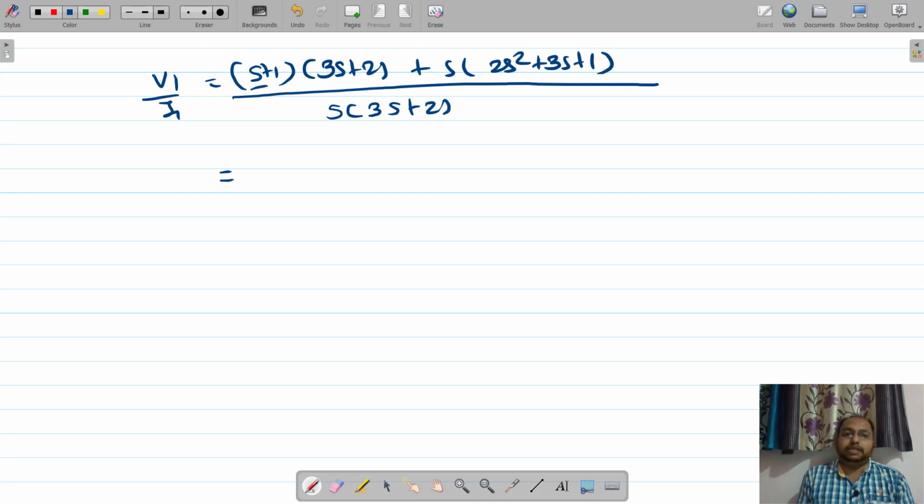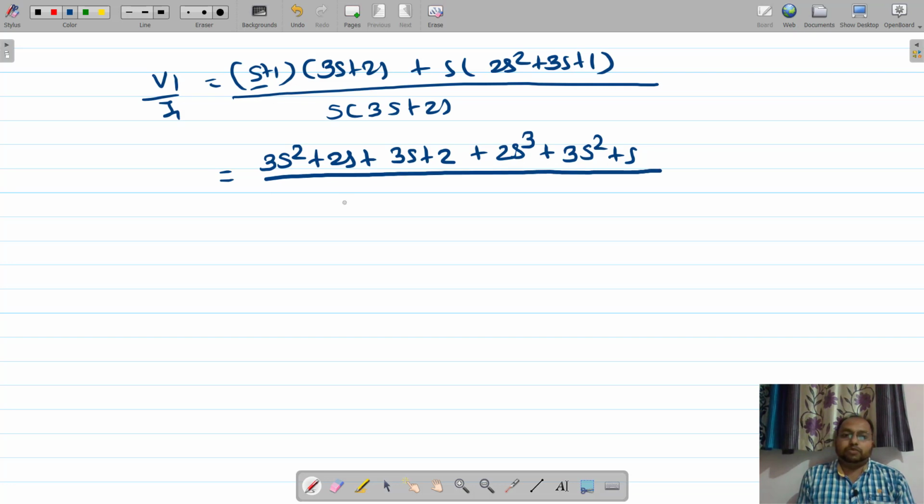Let us multiply by s first: 3s square plus 2s plus 3s plus 2 after multiplying by 1. Now let us multiply by s inside that bracket: 2s cube plus 3s square plus s, divided by 3s square plus 2s.